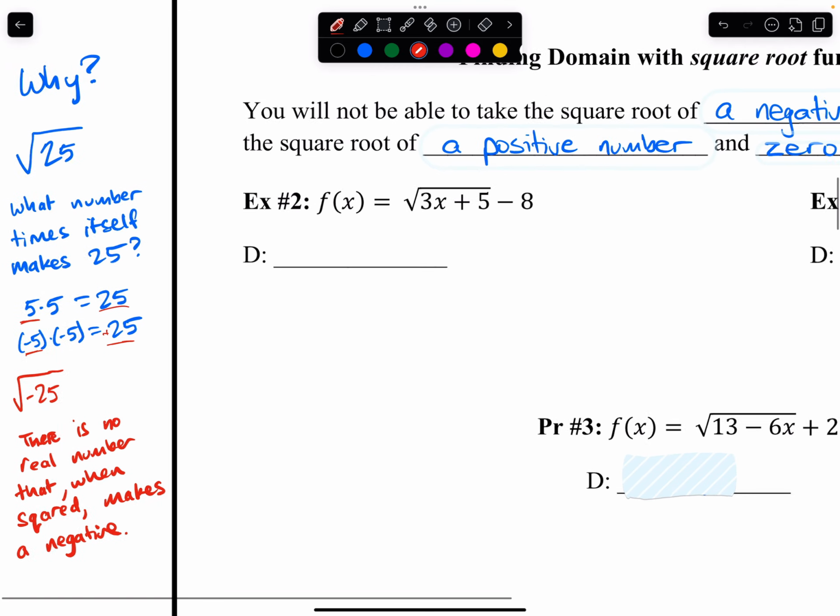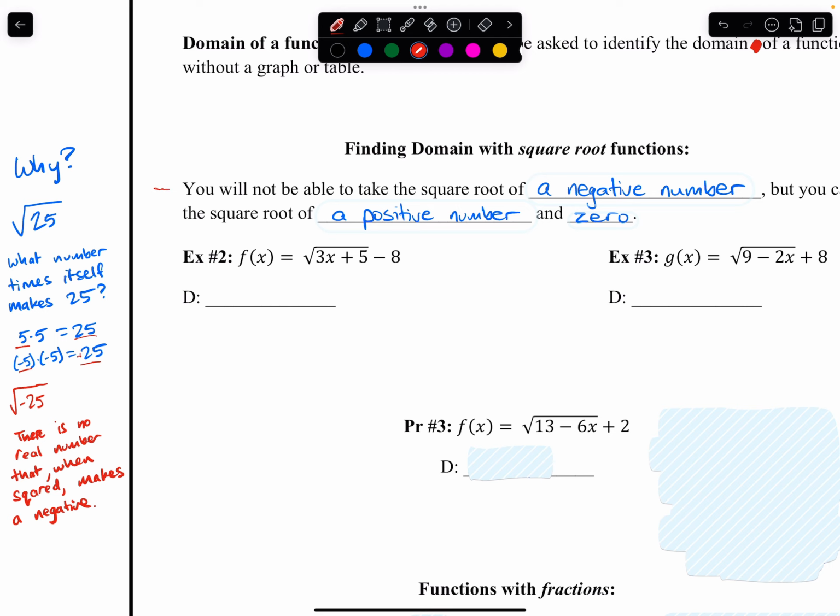Because of that, that's why we have this rule. You'll actually learn in Math 2 how to take square roots of negative numbers, and you learn a new set of numbers called imaginary numbers, but that's beyond the scope of this course. For now, we're just dealing with real numbers, and all you need to know is that there's no real number that squares to make a negative, so we can't take the square root of a negative number.